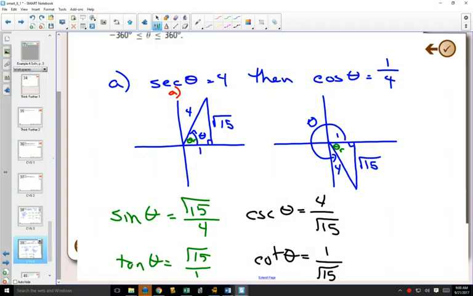How come they're all positive? Because we're looking in quadrant 1. For part A, we're only looking at this one right here. And since it's in quadrant 1, sine, cos, and tan will all be positive, and as a result, the reciprocals will all be positive as well.